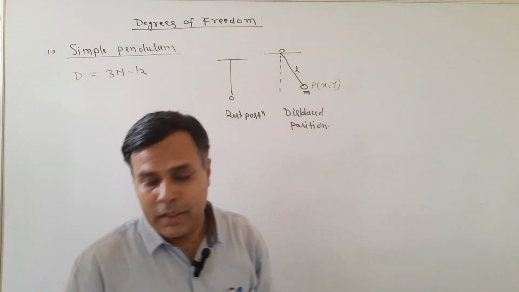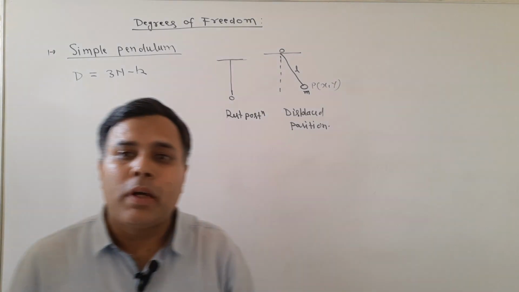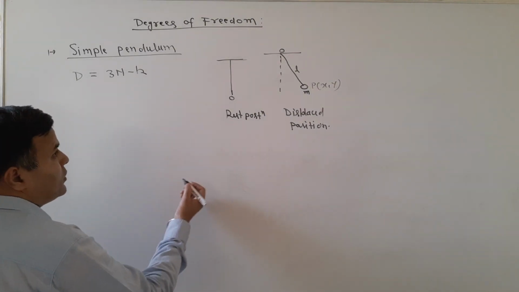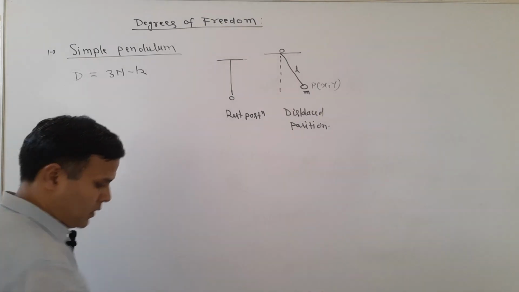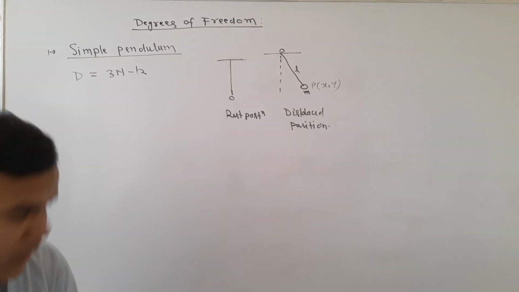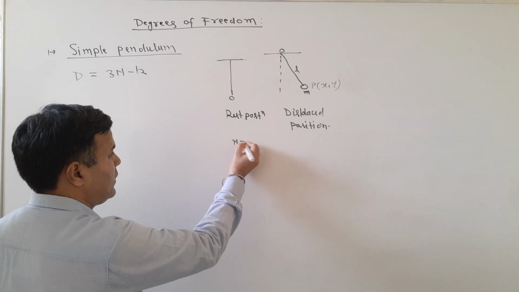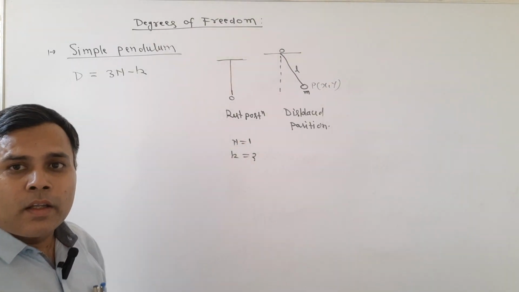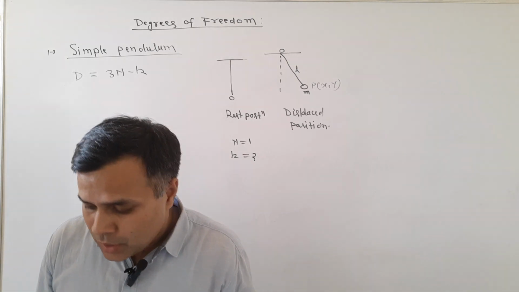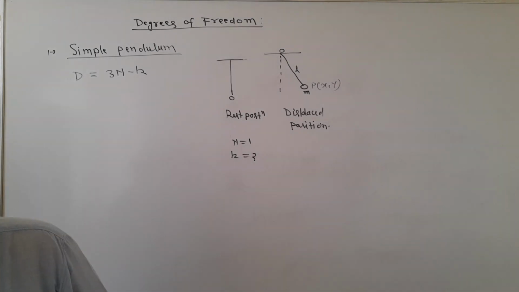And what is k? K is the number of equations of constraints used in the system.